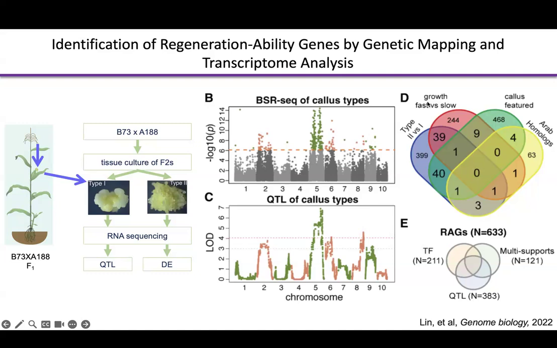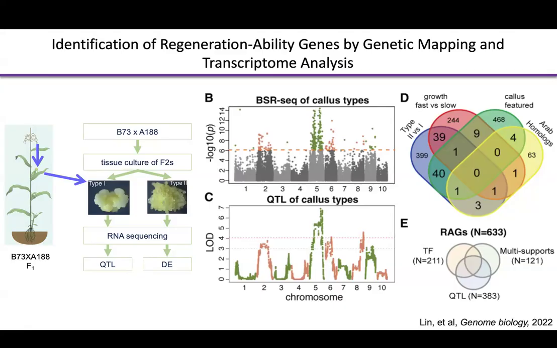If we use the canonical or traditional method to test our candidate genes, cloning them one by one and testing their function, we almost cannot do that. If we have only hundreds of candidates, it's doable. We can clone one by one and test their impact. But for thousands of genes, it's time consuming, and the money budget is another issue.